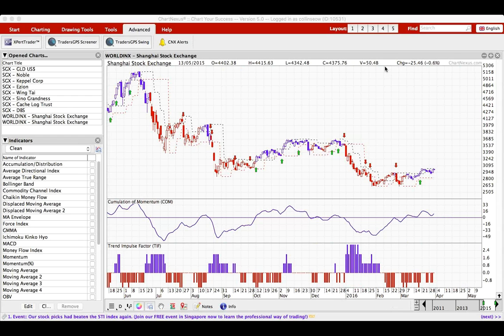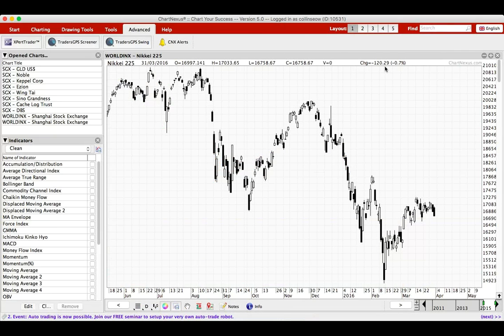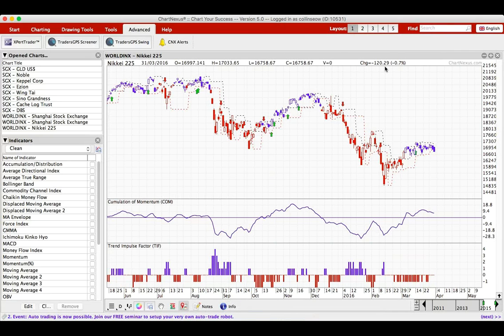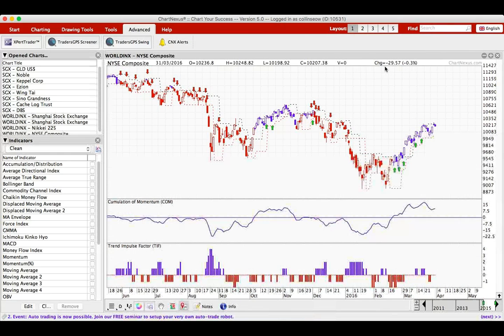So these are a few markets we want to look at. Let's say, for example, we have the Nikkei, STI, and so many markets. Okay, so let's start with one first.